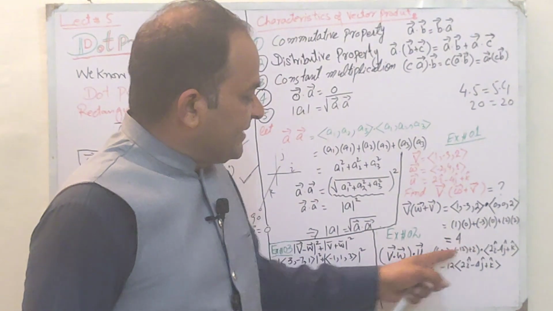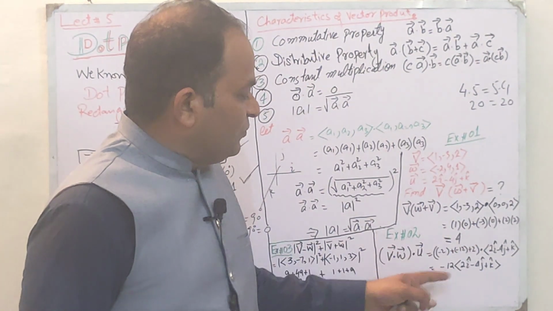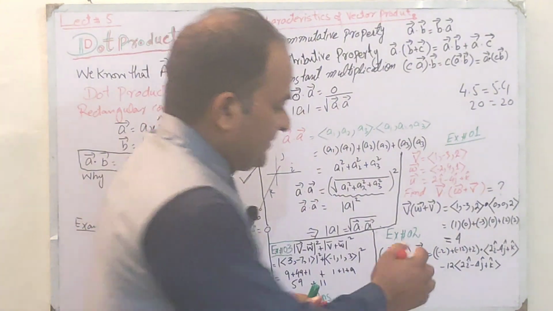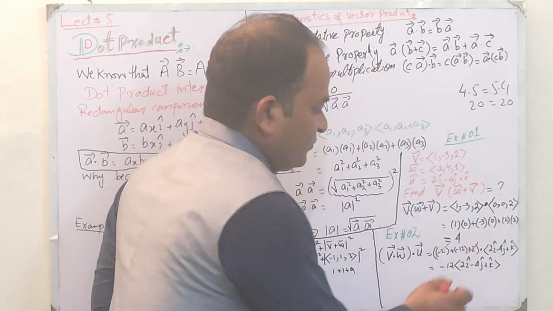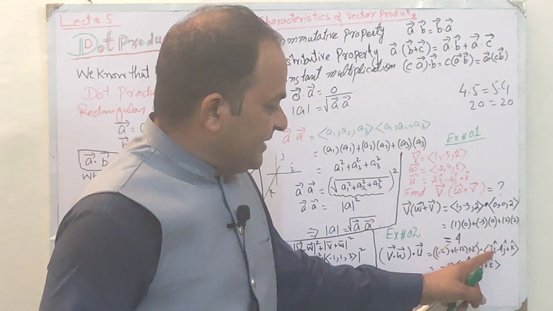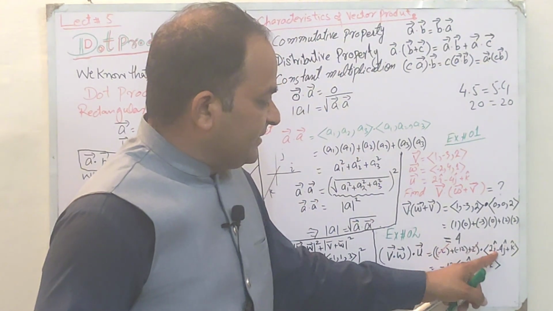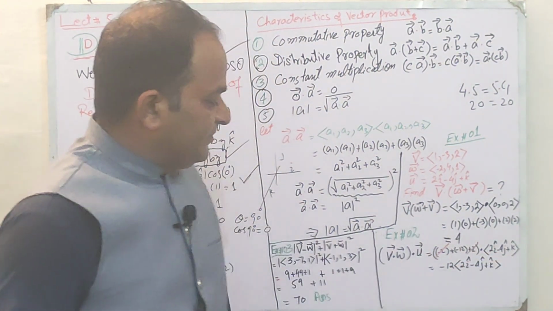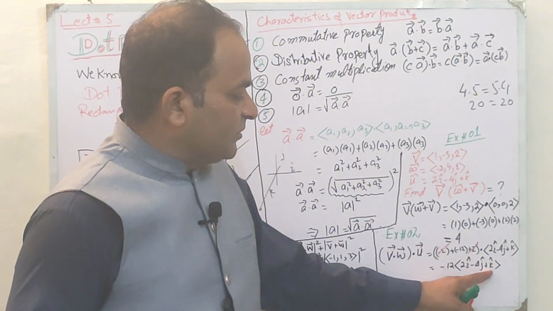When we add these, minus 2 is cancelled by plus 2, so we will get minus 12 outside. And the u vector you can write just as it is: 2i unit vector minus 4j unit vector plus k unit vector.